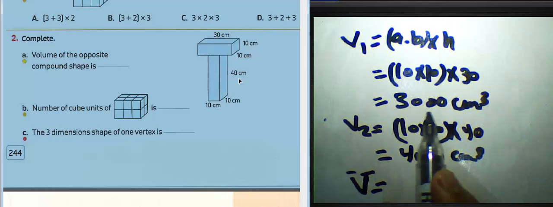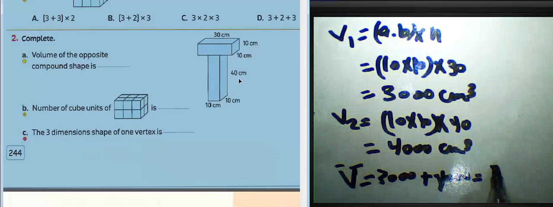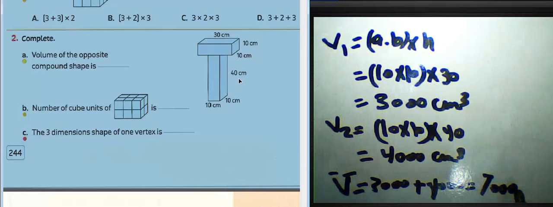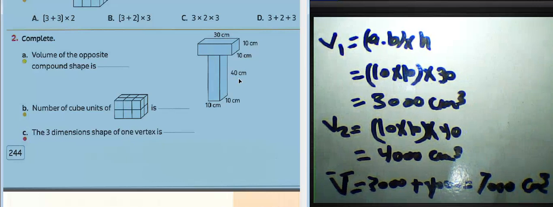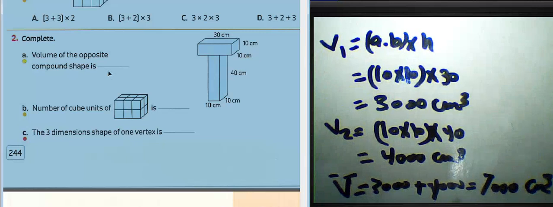Total 3,000 plus 4,000 equal 7,000. Okay, 7,000 cubic centimeters. The result, we must write here 7,000 cubic centimeter.